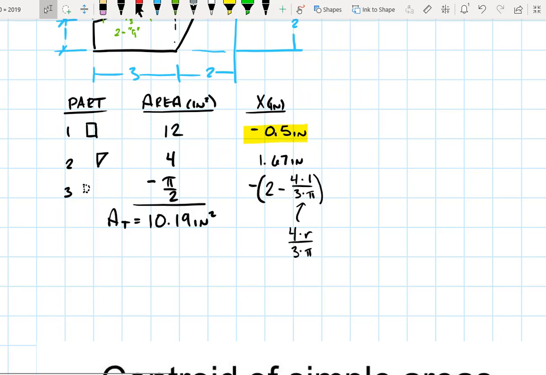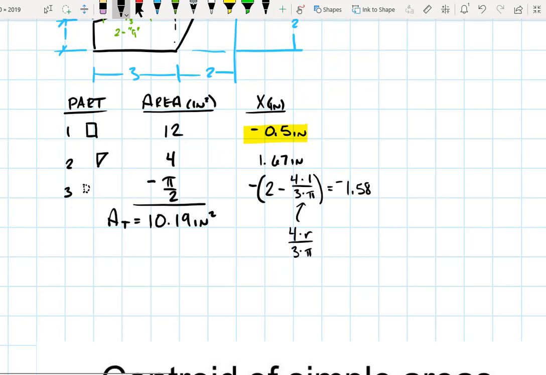4 times 1 divided by 3 divided by pi, 2 minus that number, and negative. So that number is actually negative 1.58. So this whole number, put it over here, negative 1.58. So that one has lots of chances to make a mistake. Maybe you forget that it's negative, maybe you forget that it's 2 minus 4r over 3 pi.